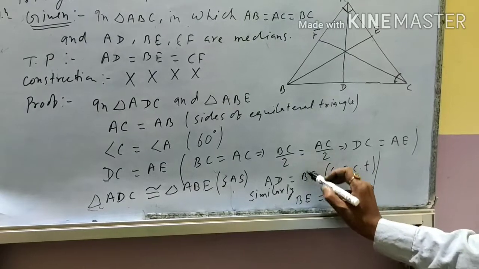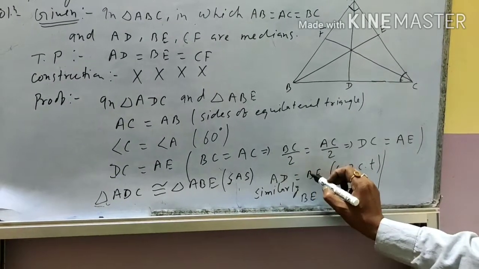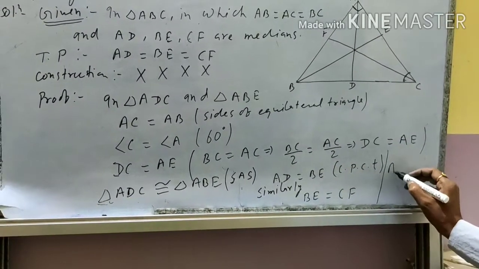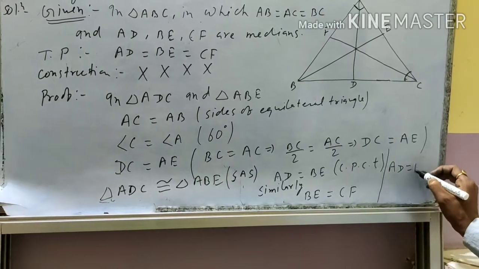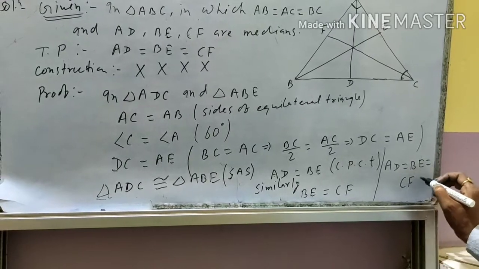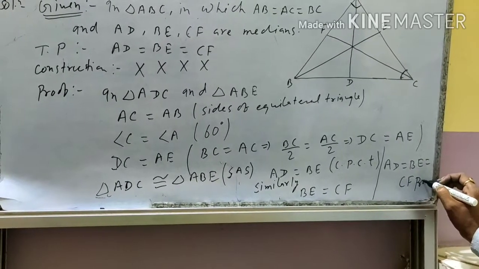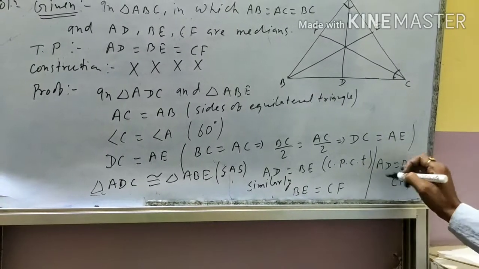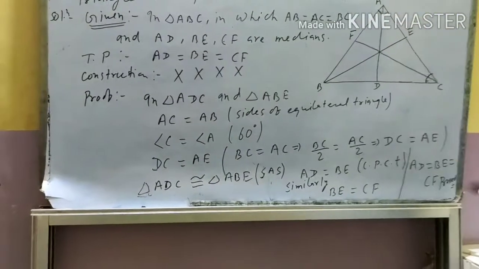So student, here AD is equal to BE, and by the same process we can write BE is equal to CF. So we can say AD is equal to BE is equal to CF. This is your proof. That means medians of the triangle are equal.